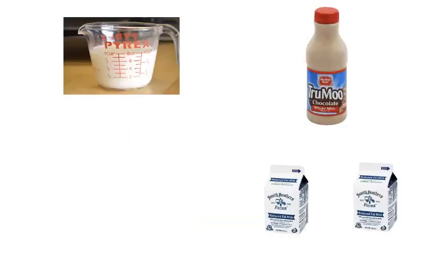I just wanted to give you a few more examples. Obviously the cup is the smallest, but sometimes when you're making recipes, you're going to maybe not even use a full cup. So sometimes we use fractions or pieces or parts of a cup. Sometimes you might even say 1/4 of a cup or 1/2 of a cup. And then on the right hand side here, this is 1 pint.